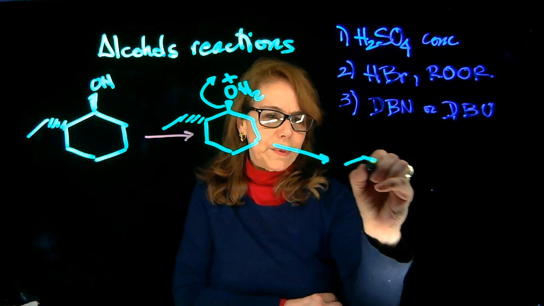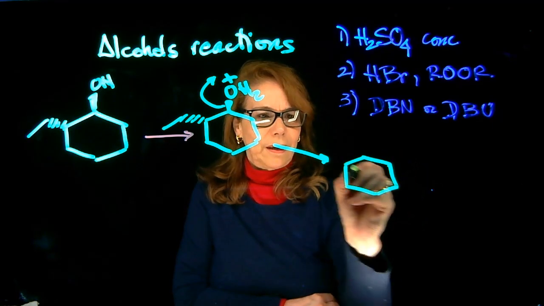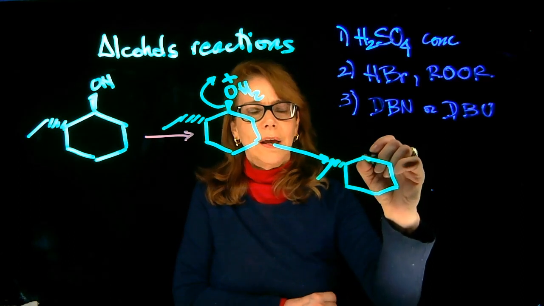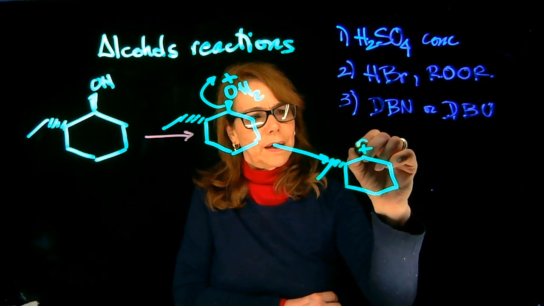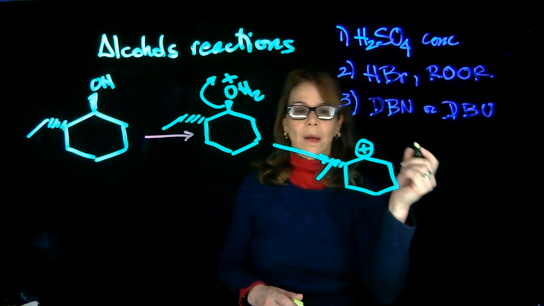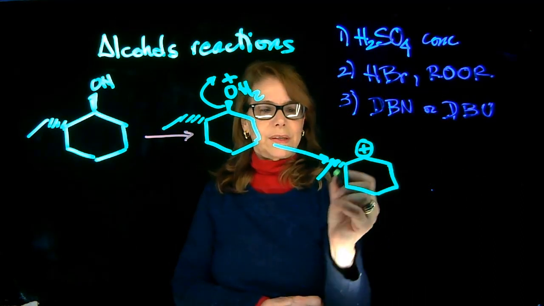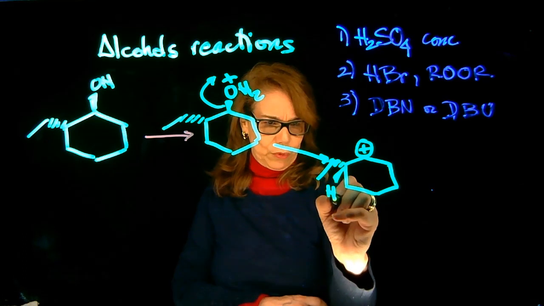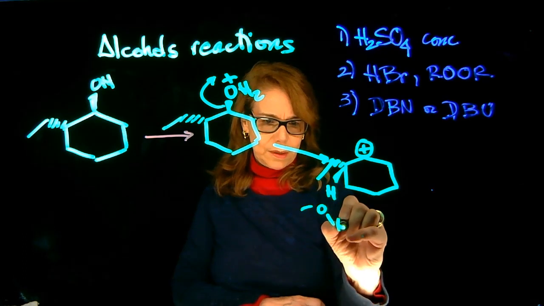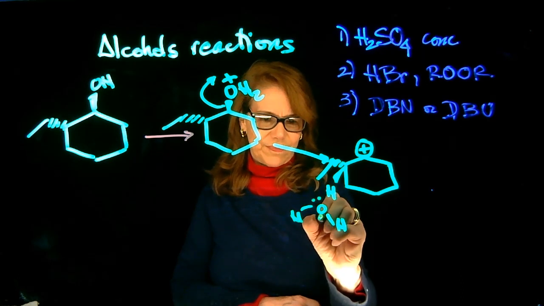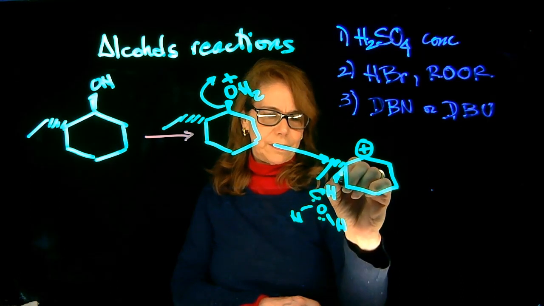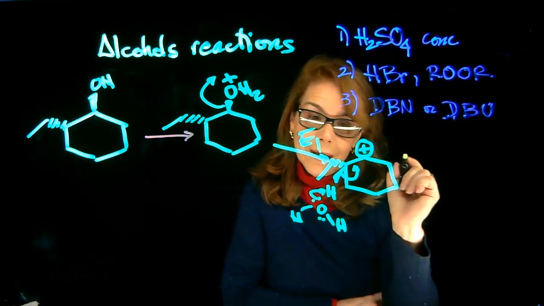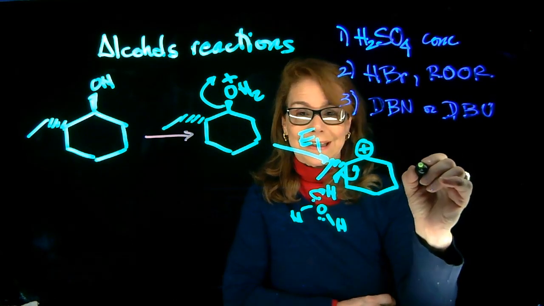What we're forming initially, I still have that center, I haven't touched that, is a carbocation that is secondary. And then the other step, under that condition, we remove the hydrogen, say that my base here is water, gets the hydrogen, and in the E1 mechanism you always form the more substituted alkene.